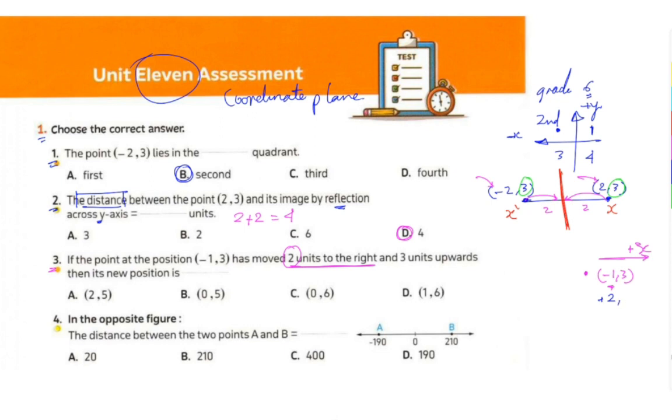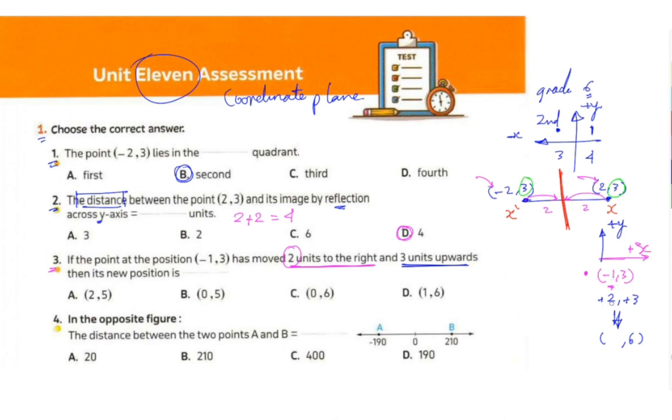And for y, 3 units upward means plus y, so we need to add 3 units. Here I need to add 3 units. So the resulting coordinate will be what? 3 plus 3, y will be 6.